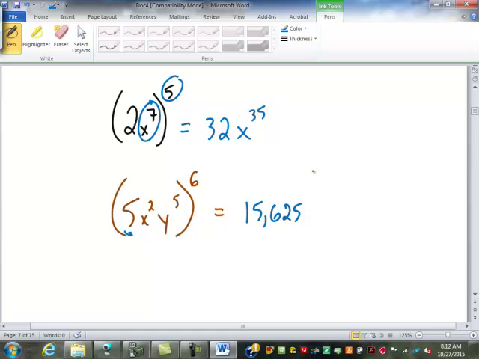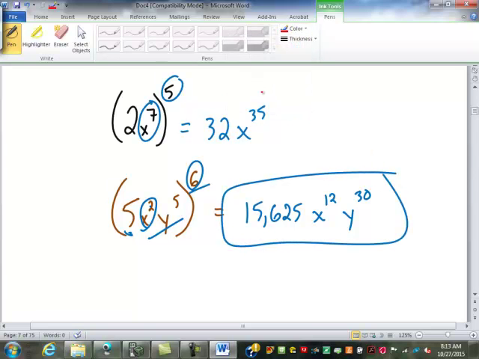Then what? X squared to the power of 6. Now we multiply the powers. 2 times 6 is 12. Remember, when you raise a variable with a power to another power, you're multiplying the exponents. And then y to the 5th to the 6th power is y to the 30th.